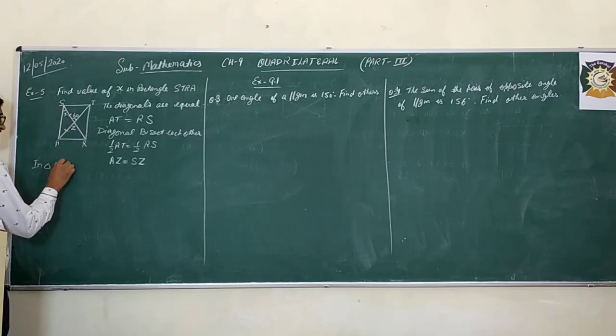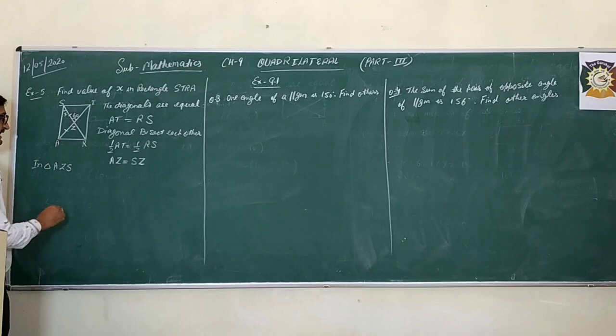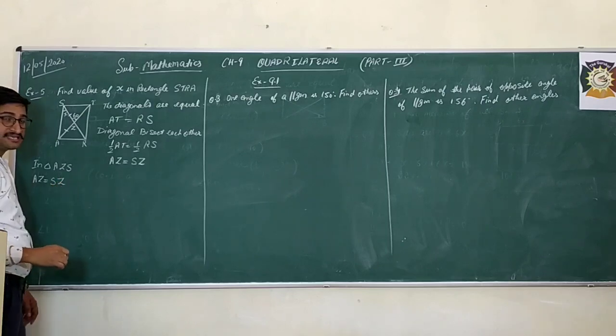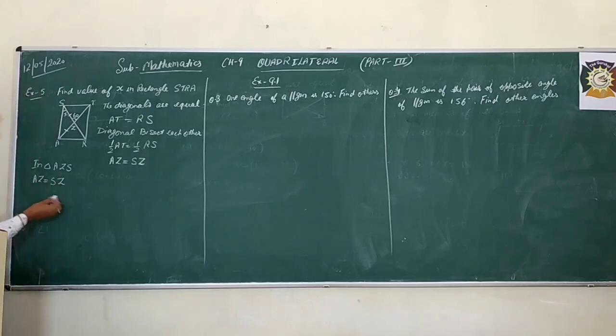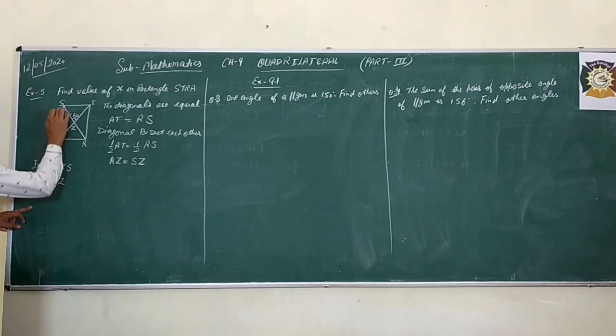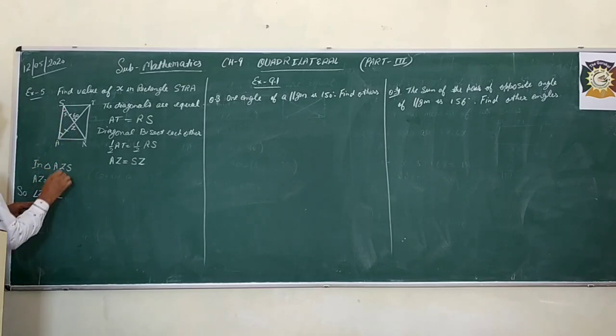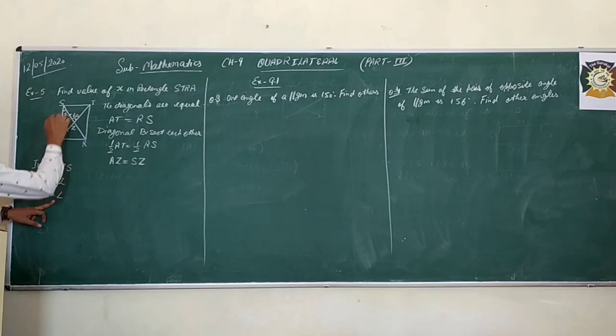Now you can see in this triangle that AZ is equal to SZ. So angle ZAS is equal to angle ZSA.